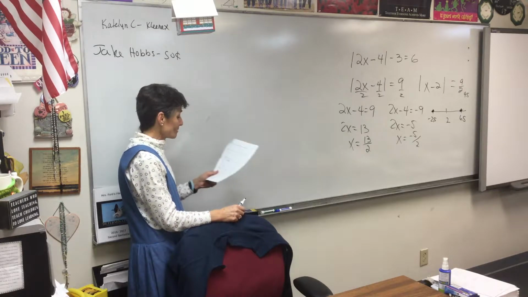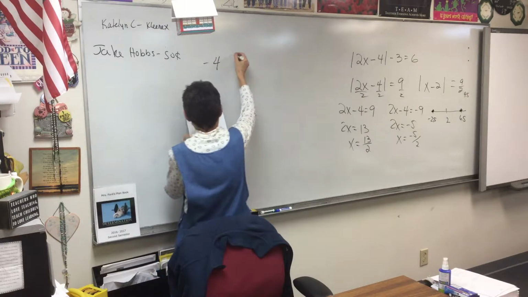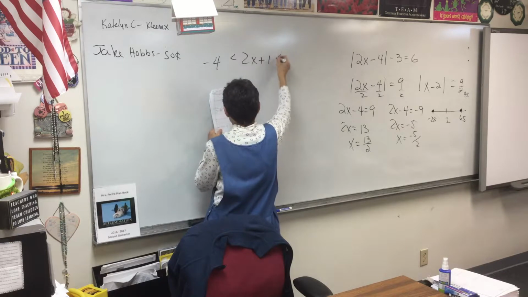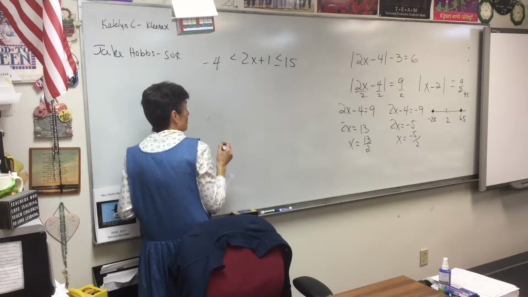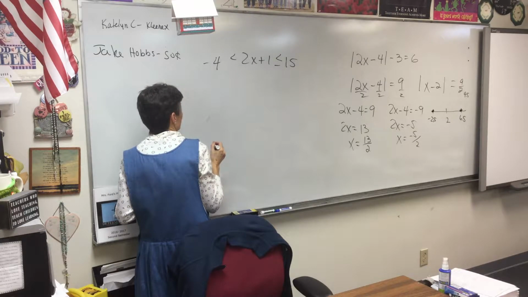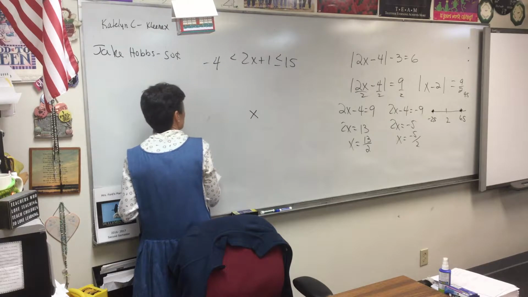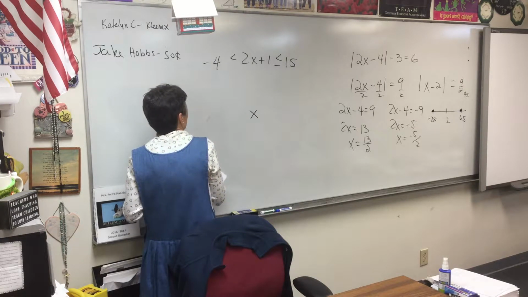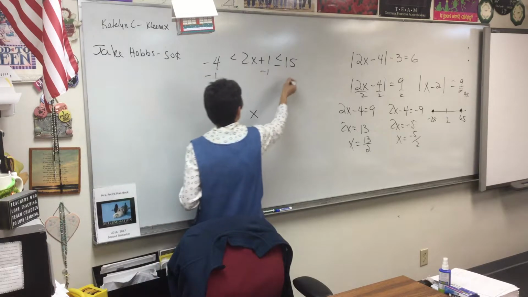Okay? Now, we got a little inequality here to solve. So we're trying to get x by itself, so what do we need to do? Not yet. I subtract 1 first.